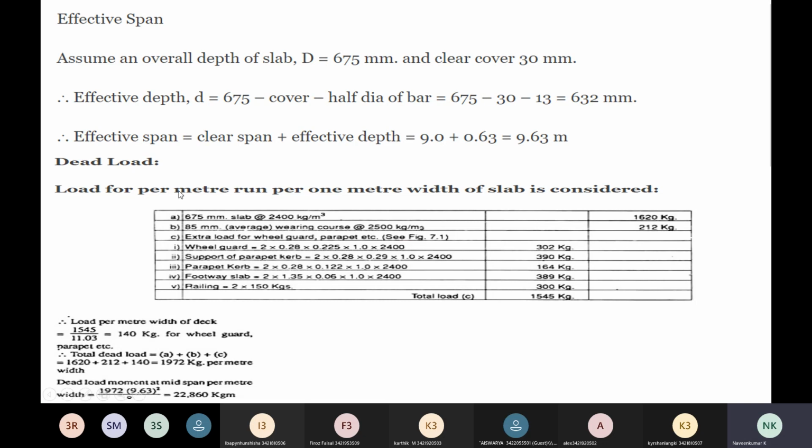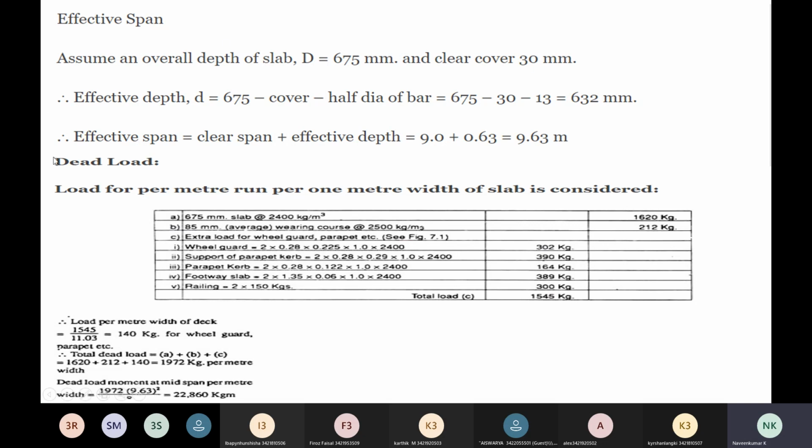After that you're going to calculate the dead load. I hope you've seen the reinforced concrete element design. Some of the steps can be repeated or replicated from that. There you first calculate the dead load and live load, so the same thing you're going to repeat here.